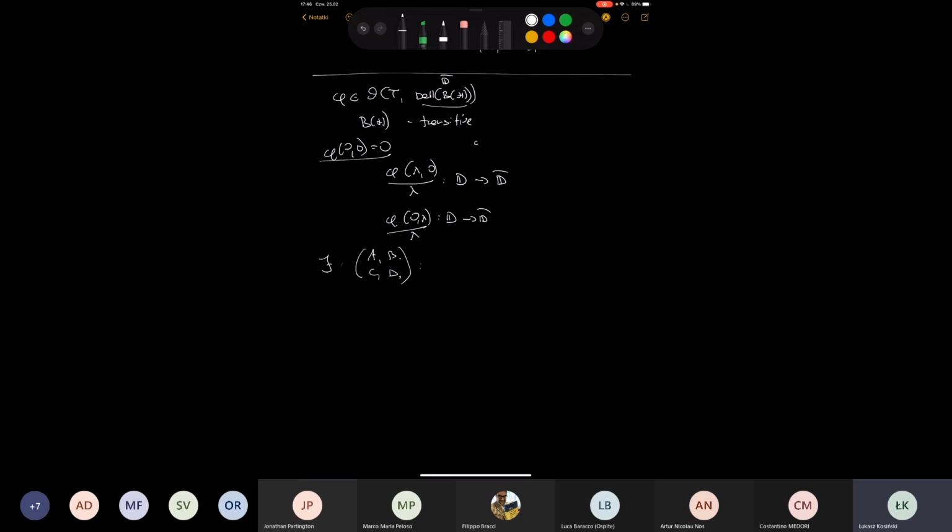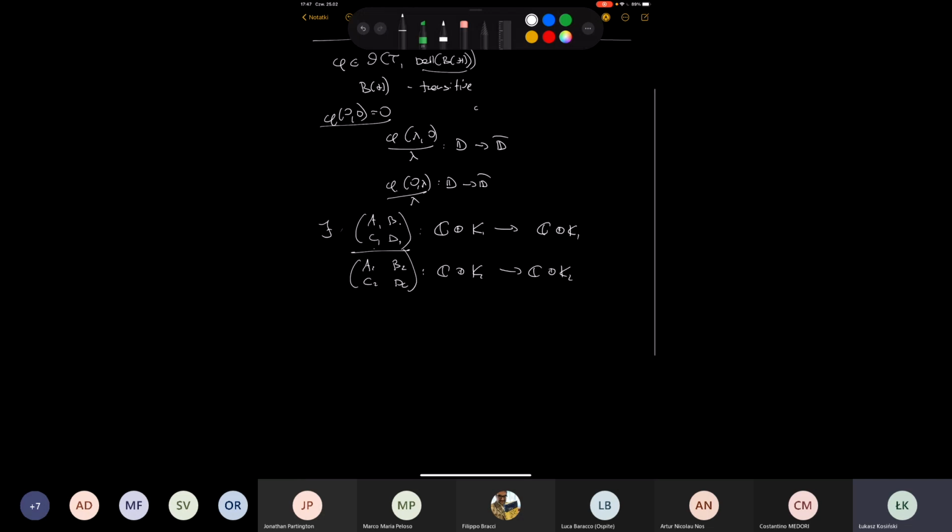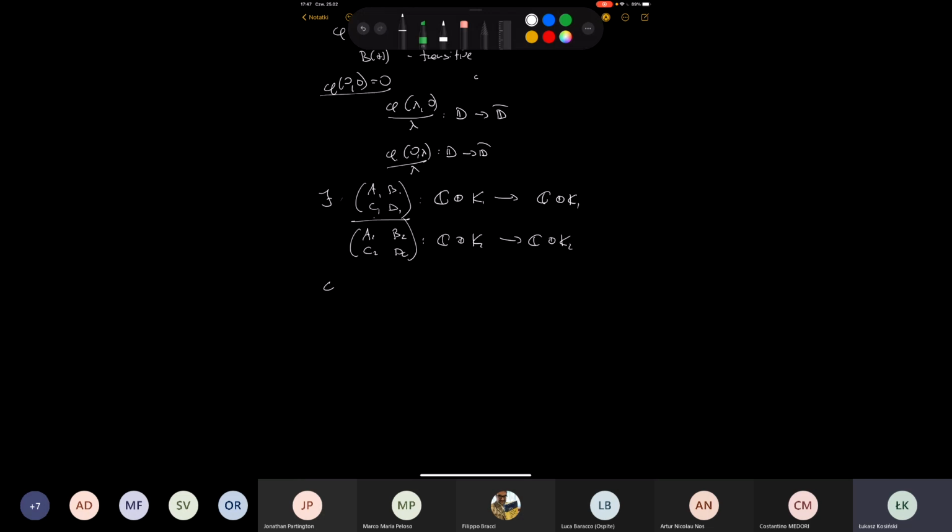This acts on C plus K1. This goes to C plus K1. So this is a contraction for this map, and there exist A2, B2, C2, D2. It goes from this to this, such that this one is not needed here.